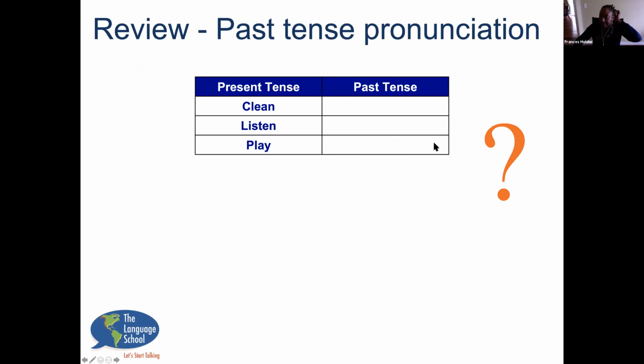All right. What is the past tense of these verbs? What's the past tense of clean? Cleaned. Yeah. Just add ed. What is the past tense of listen?